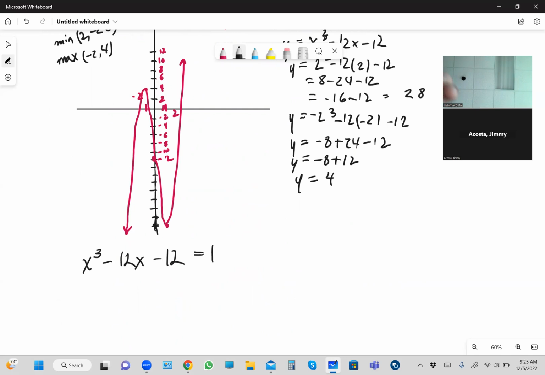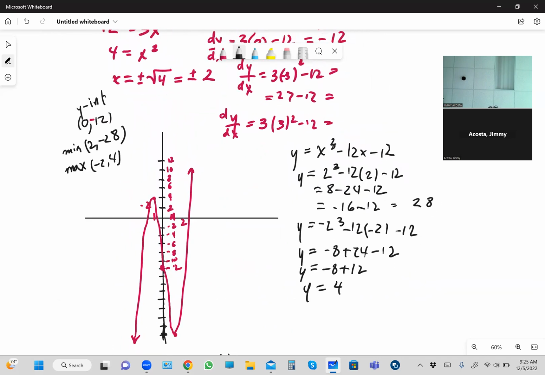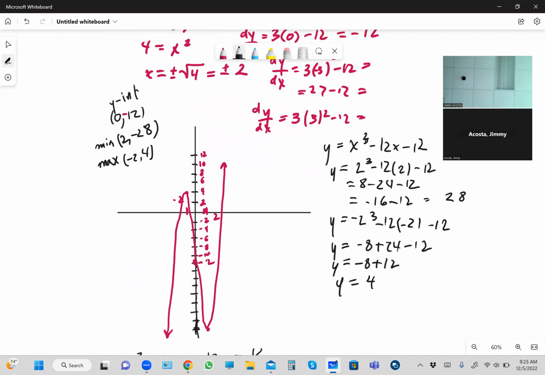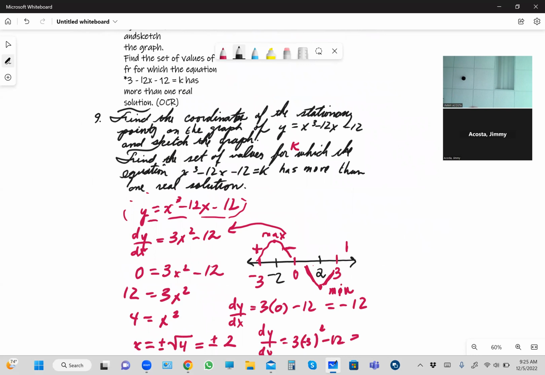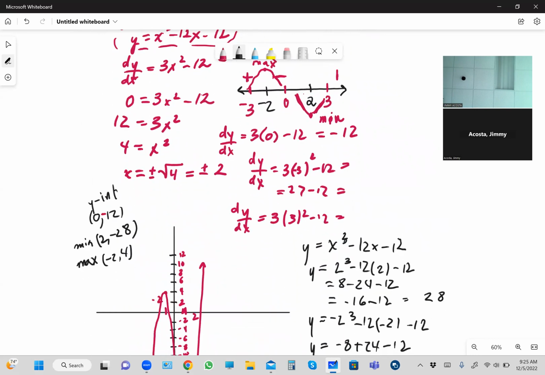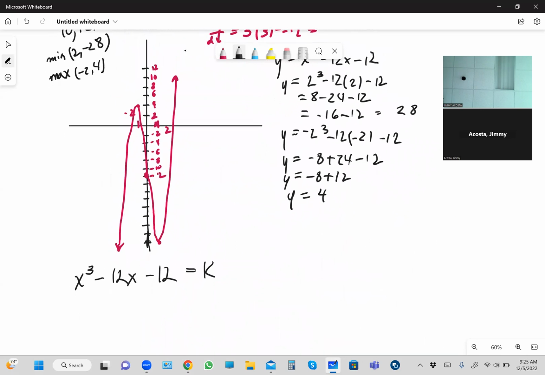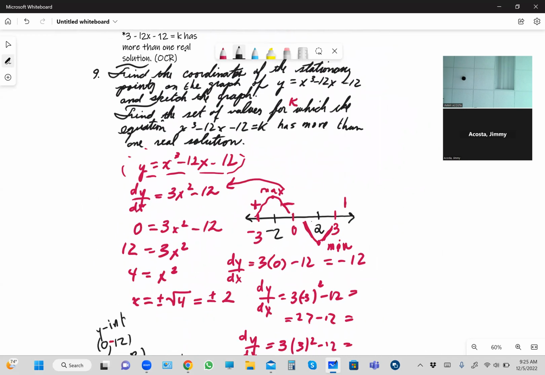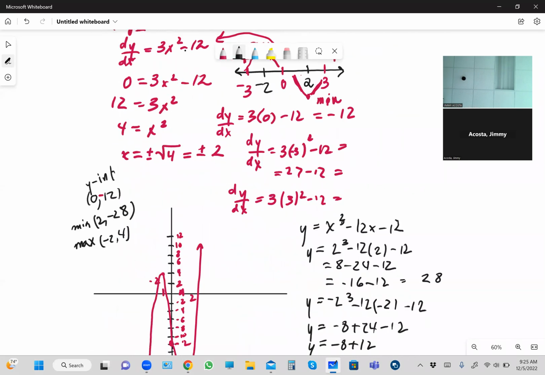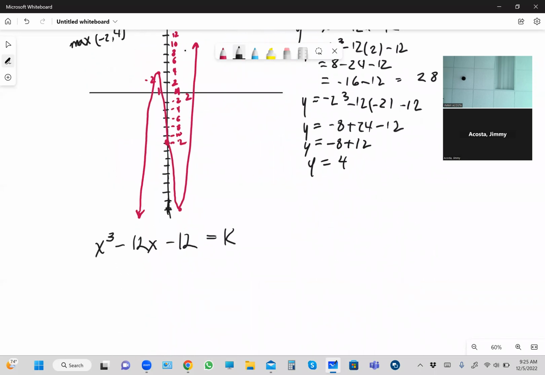Equals k. Is that what they want? And they want the value of k. So it says here, find a set of values for k. So an inequality, essentially, for when the equation has more than one real solution.